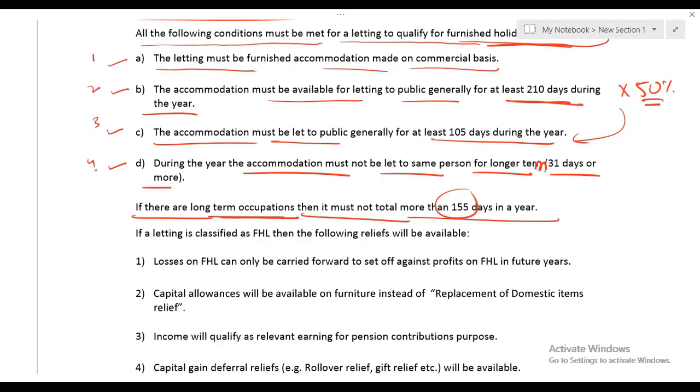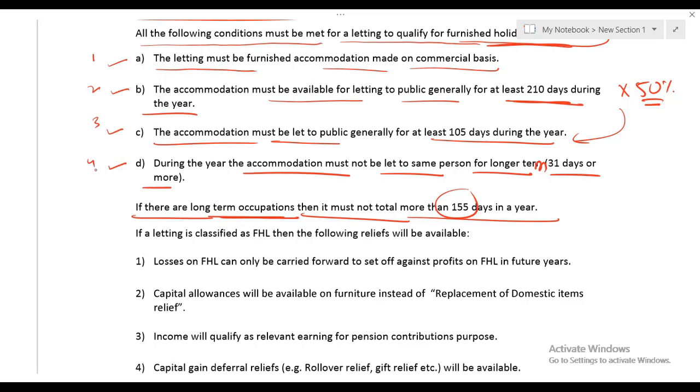So that is why HMRC have to make sure that we should not give benefits of furnished holiday letting to an individual for a property which is actually not a furnished holiday letting. So that is why they have put so many conditions. Only those individuals will enjoy the benefits whose properties have met the conditions of furnished holiday letting.